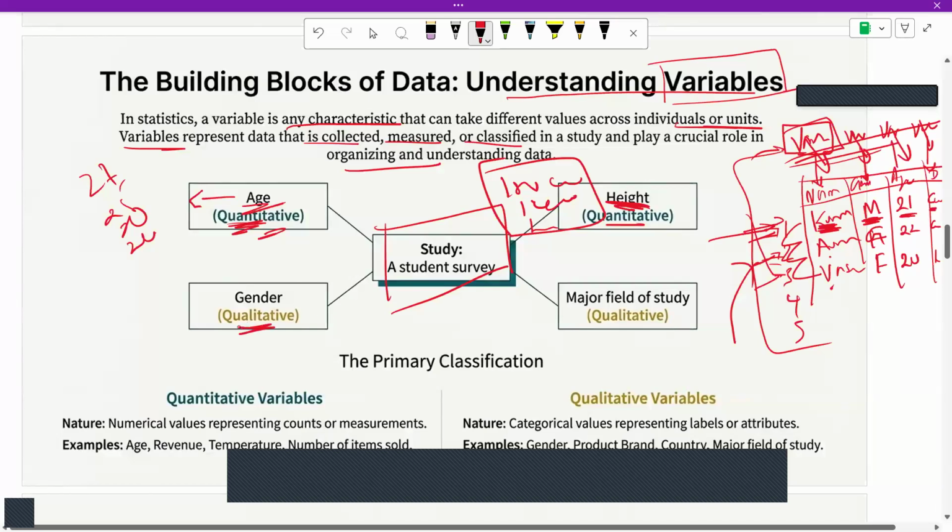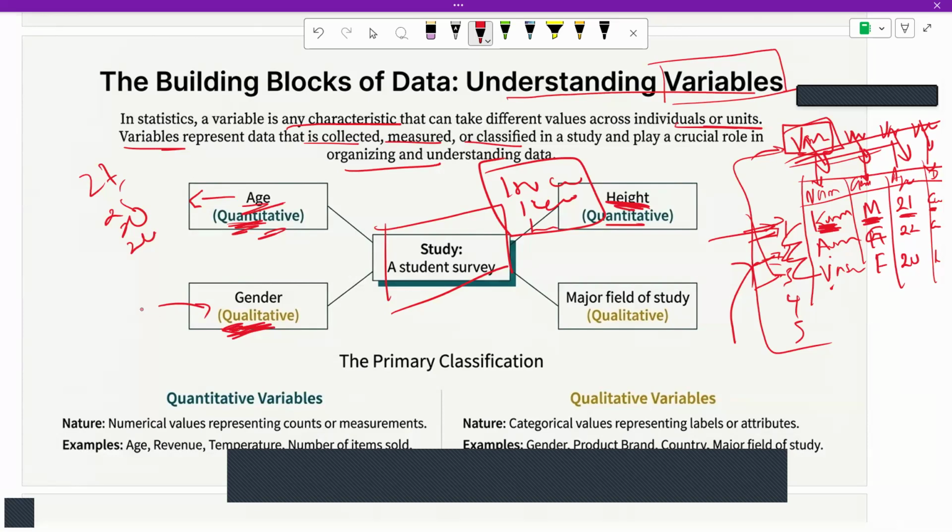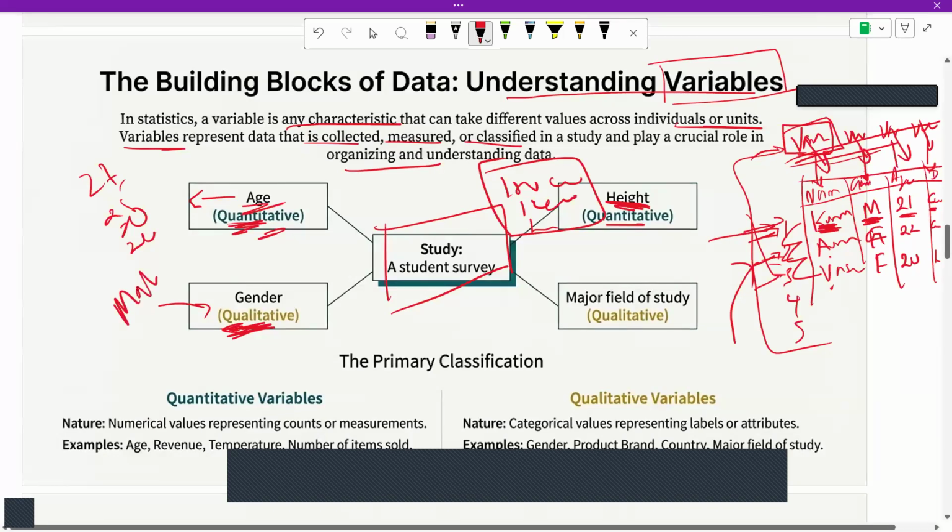Gender has no numerical value. It has male or female. This is not in numerical terms, so this is a qualitative variable.